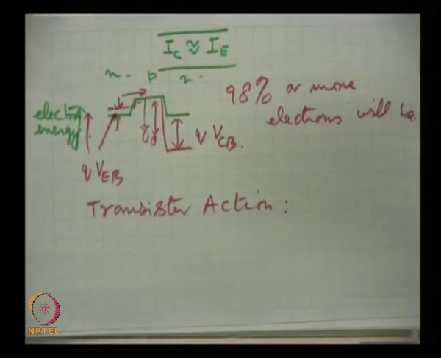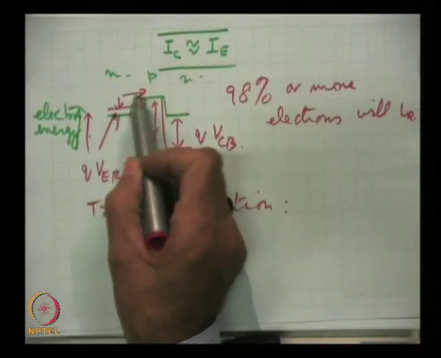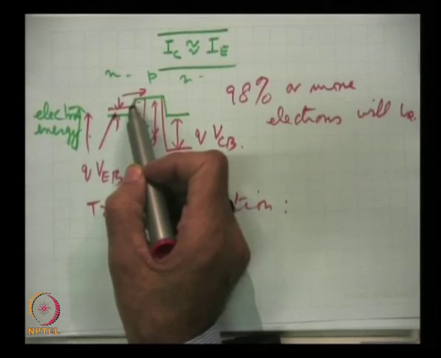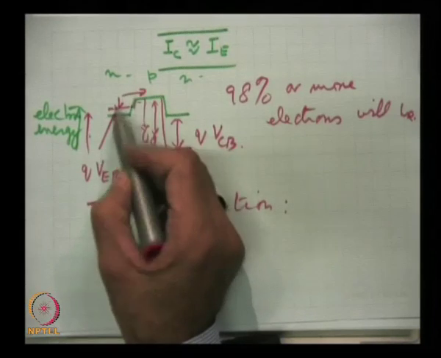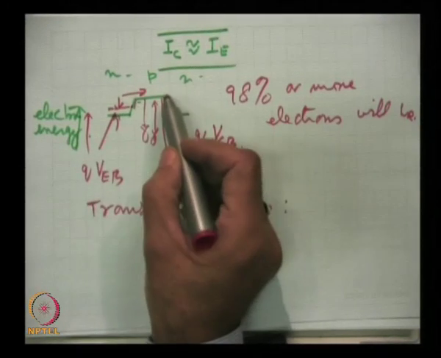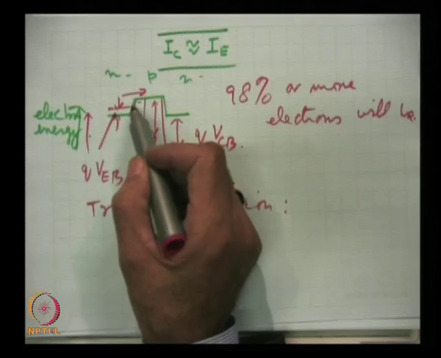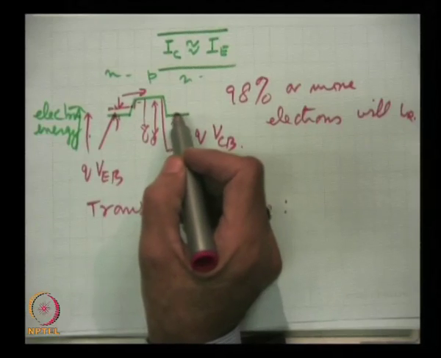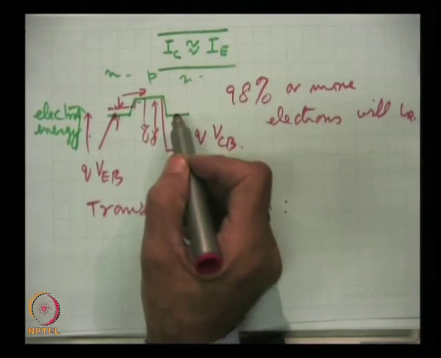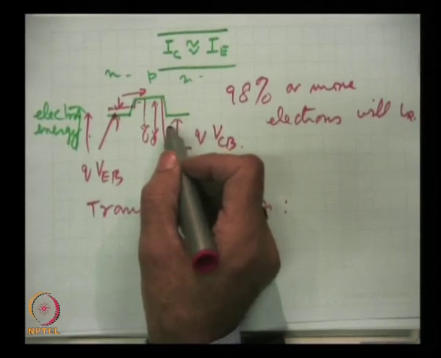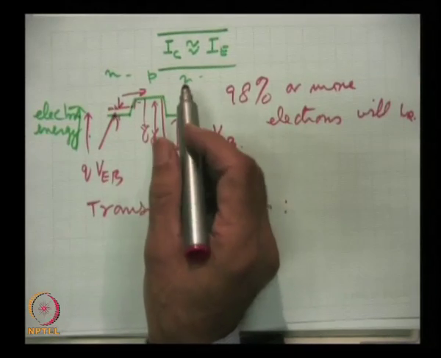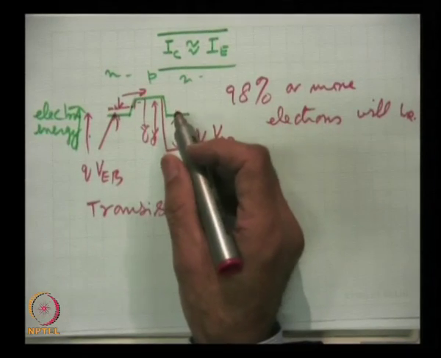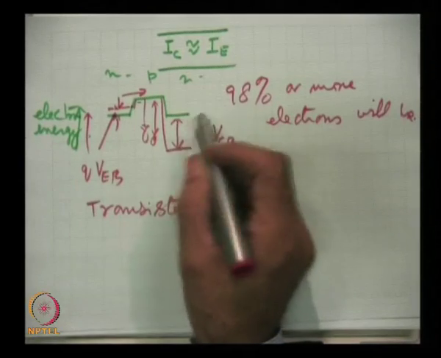We have achieved something significant in this case by transferring the current from a low impedance circuit, the emitter junction being forward biased has a low resistance, and it was said that this resistance is a few tens of ohms, while the collector junction is reverse biased and will have very high resistance, of the order of 100 kilo ohms or a few megohms.